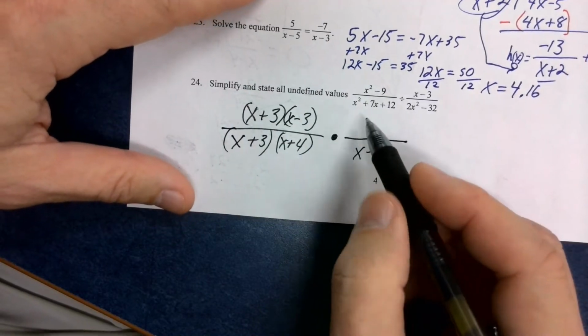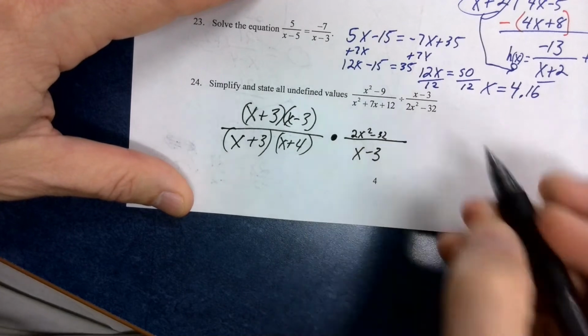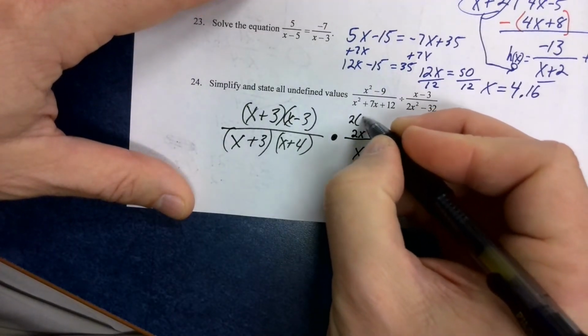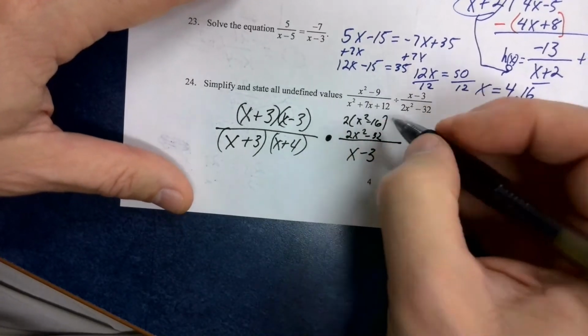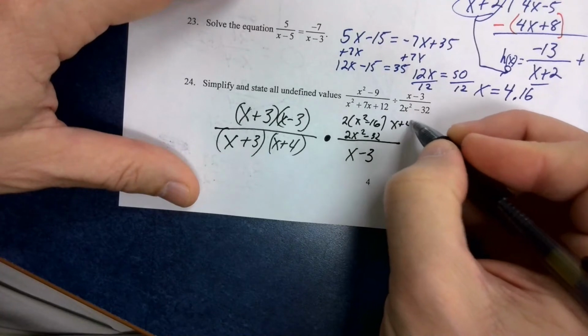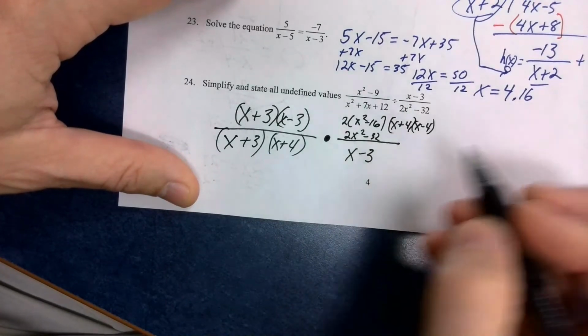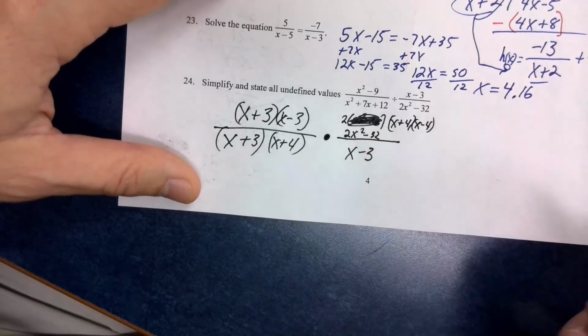Now the top, I'm going to write this kind of small, 2x squared minus 32, because I'm going to factor it like a dentist, 2 times x squared minus 16. And then I'm going to go, oh, well, that's x plus 4 and x minus 4, that x squared minus 16. Okay? So now I'm going to scratch that out and go, hey, it's really 2 times x plus 4 times x minus 4.